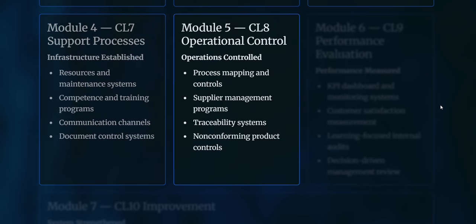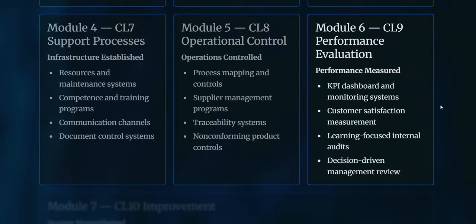Then we move to Module 5, which is Class 8, Operational Control, and we have controlled the operations there, where we covered process mapping and controls, supplier management program, traceability systems, and nonconforming products control.